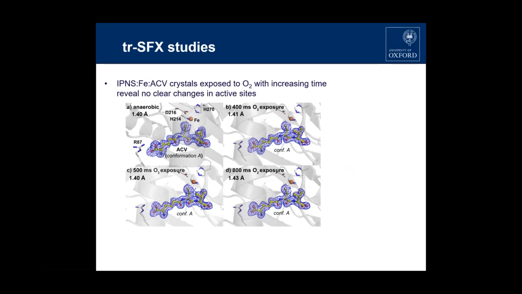After completing the anaerobic data set, we just switched on the oxygen chamber, filled it, changed the belt speed and collected data sets for 400, 500, and 800 milliseconds. All of these maps look fairly identical. We were quite surprised about this because we were not expecting that the diffusion of oxygen into the crystals is so slow.